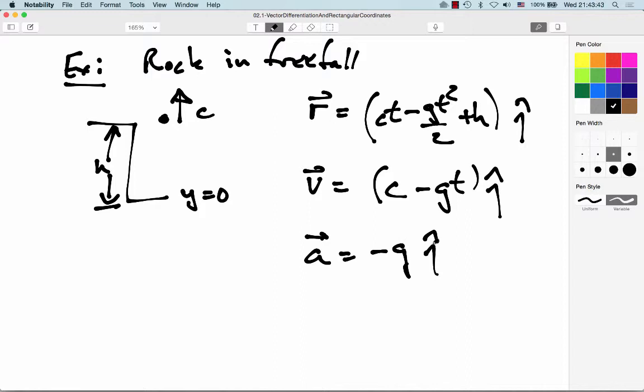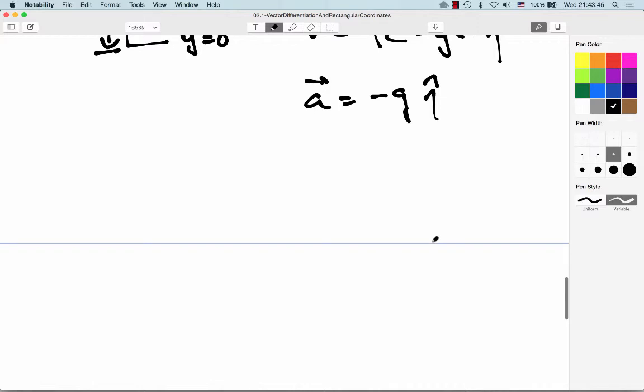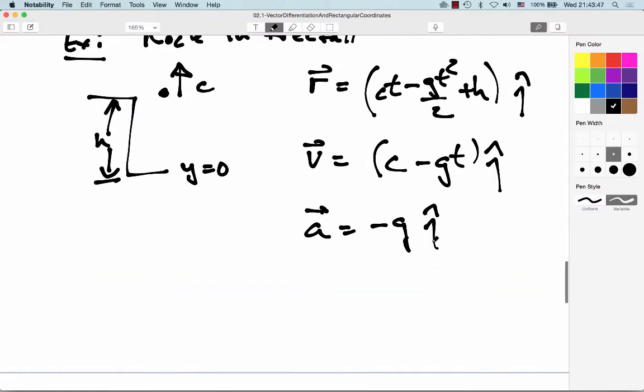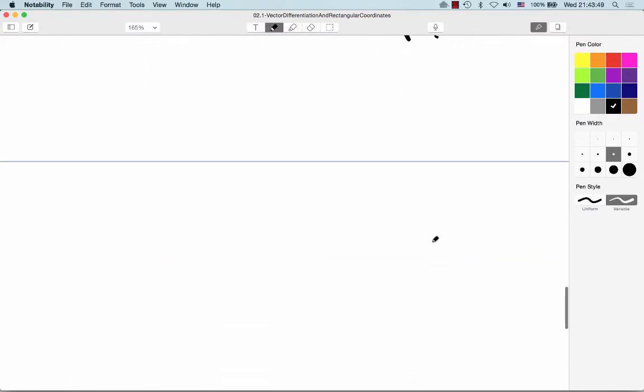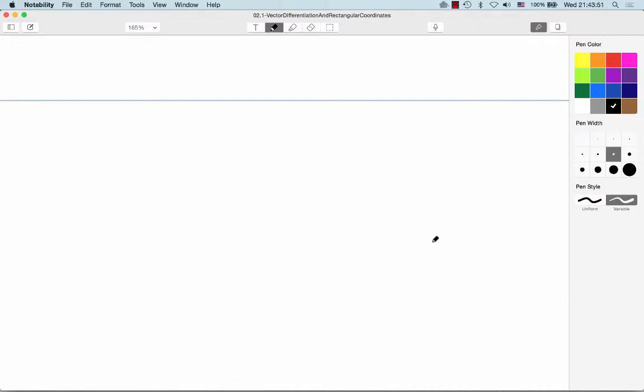All right, let's do something a little more complicated, and again we'll guess and check the solution here. So again, I will throw my rock off a cliff of height h, and we'll say that this is x equals 0 here, and y equals 0 at the base again.